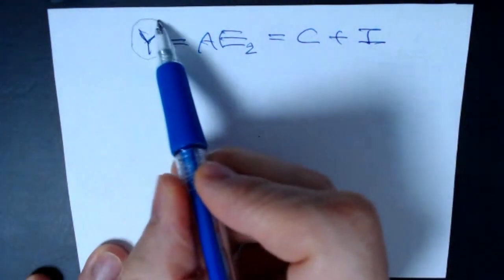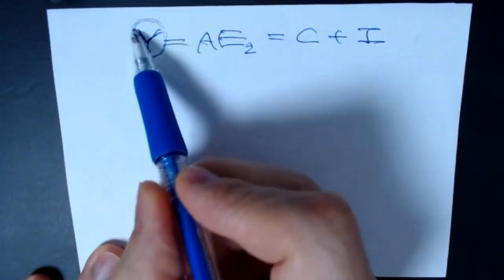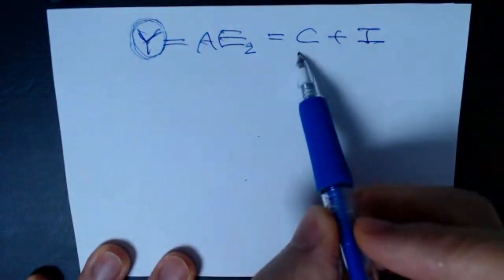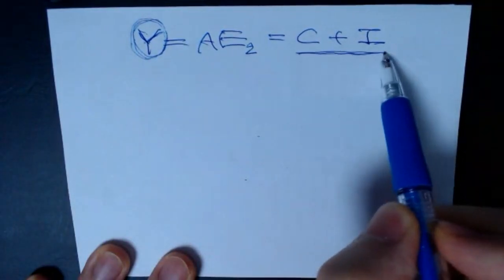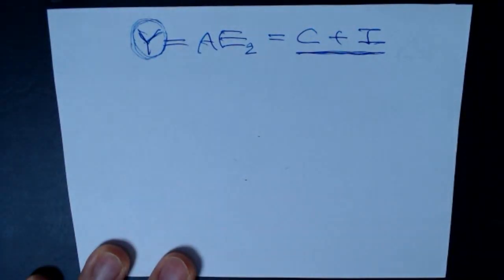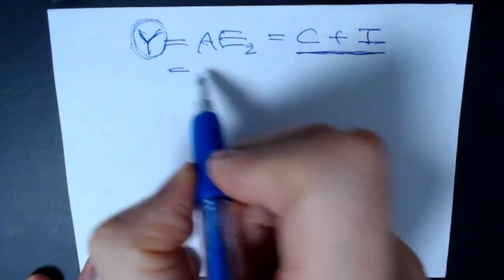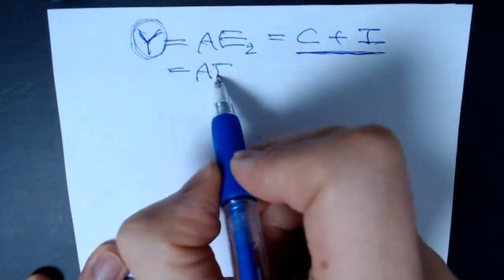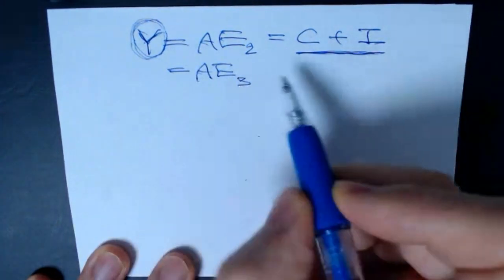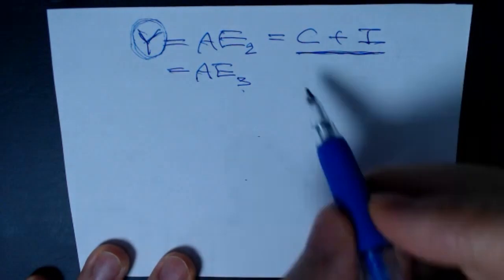So this economy should produce a certain amount of output required by two sectors. Now we're going to add one additional sector here. So today we still have the same equilibrium condition, but we have three sectors.